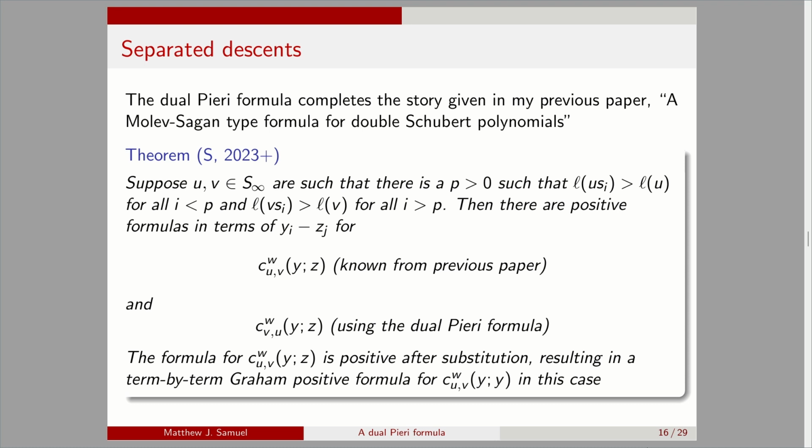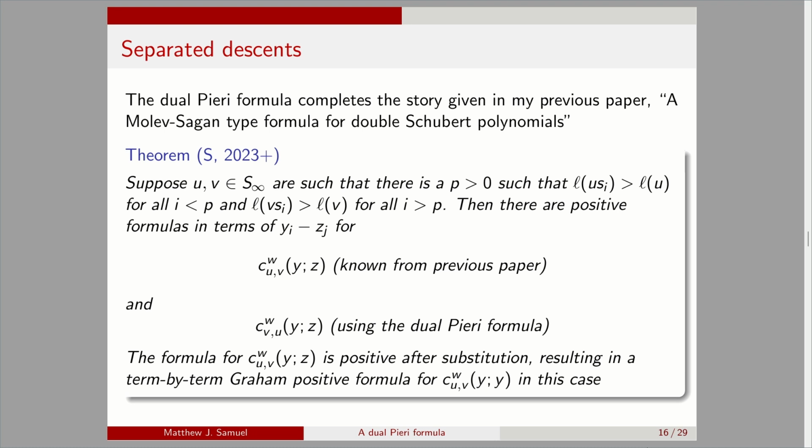So the dual Pieri formula completes the story of separated descents that are given in the paper I've been bringing up, a Molev-Sagan type formula for double Schubert polynomials. The theorem is: suppose u and v in S_infinity have separated descents, which we define as there is a p greater than 0 such that the length of u s_i is greater than the length of u for all i less than p, and the length of v s_i is greater than the length of v for all i greater than p.